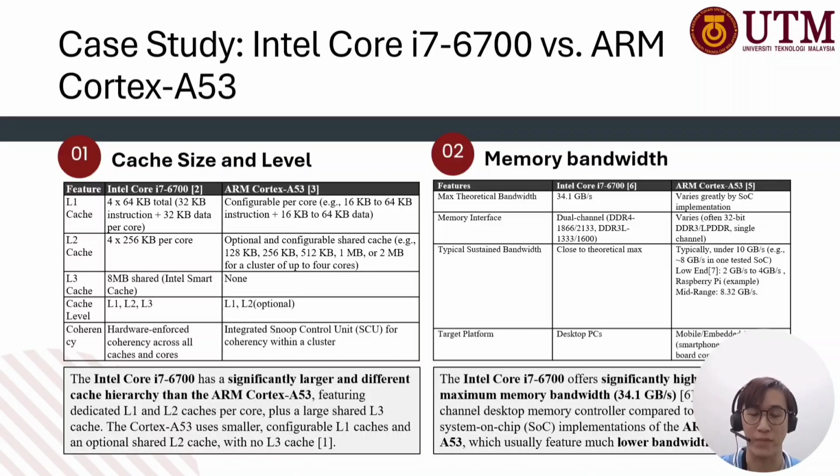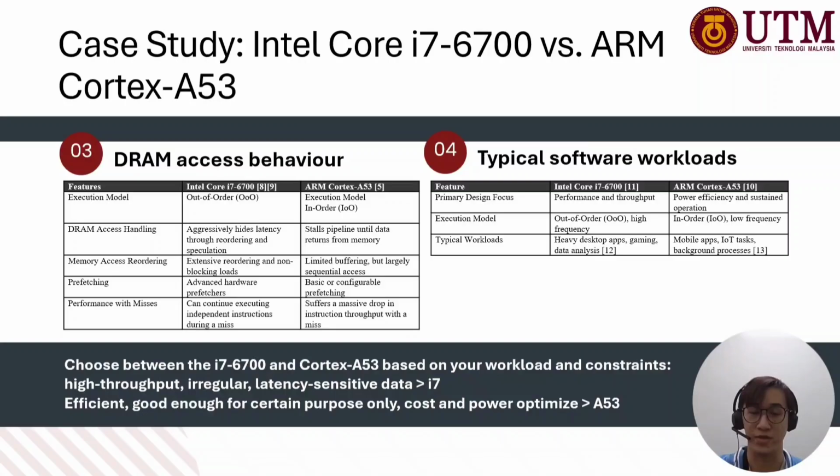In terms of memory bandwidth, the i7 uses a dual-channel memory controller like DDR4. It has a maximum theoretical bandwidth of 34.1 GB per second, while the A53's bandwidth varies greatly based on the SoC implementation. That is to say, the bandwidth of the A53 depends on the SoC choice, optimizing for power and cost.